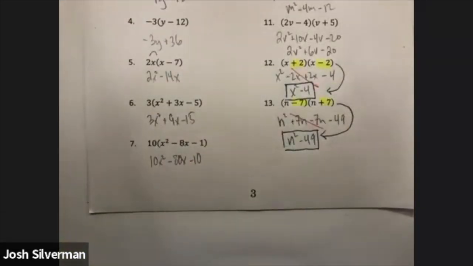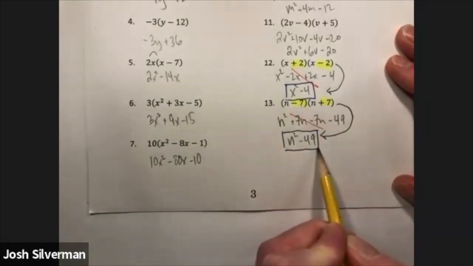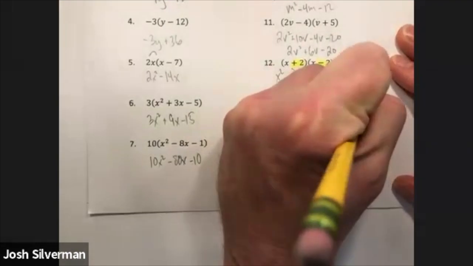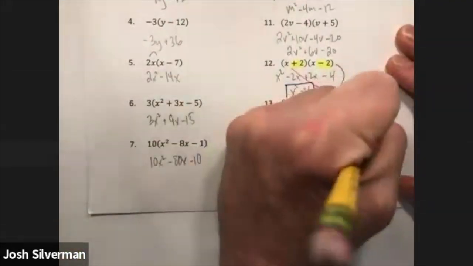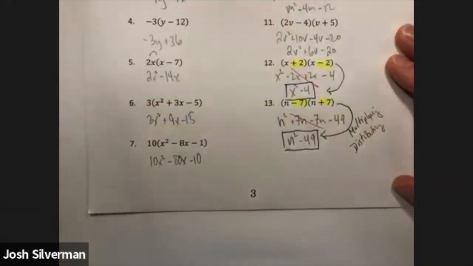So here's the king idea. This is the big idea. The big idea is that when we go from the two factors into the differences of two squares, what we are doing is multiplying. We're doing the distributive property. We are distributing.